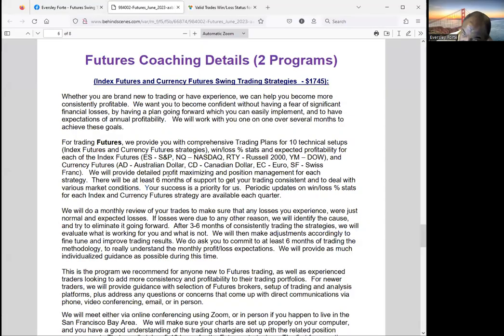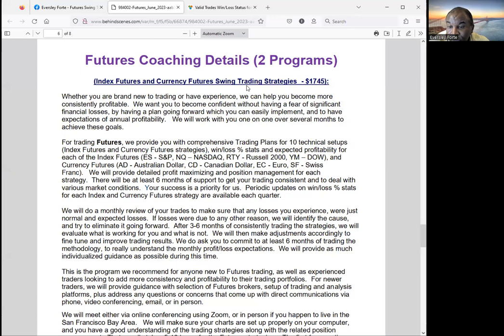If you're interested in working with me on this, because we're getting a little bit over time now, for the futures we go through at least 10 different strategies that get you into the currency futures and index futures, and then you can choose which ones you really want to trade, or you can trade them all if you have the resources.